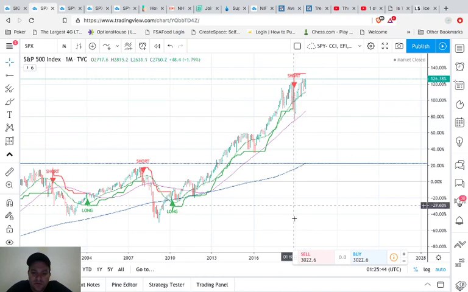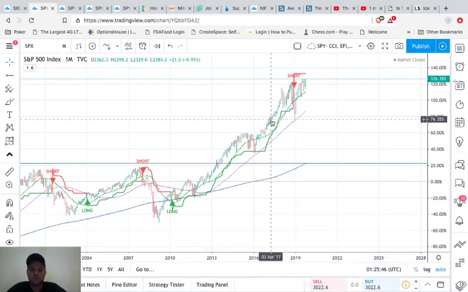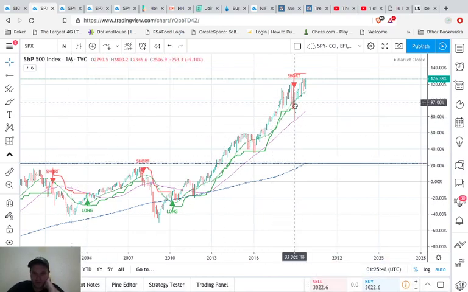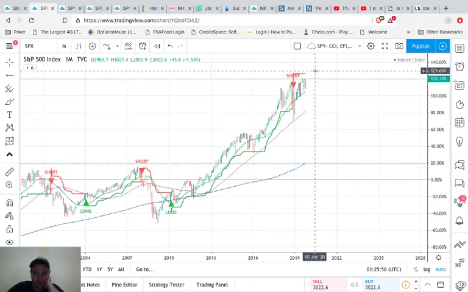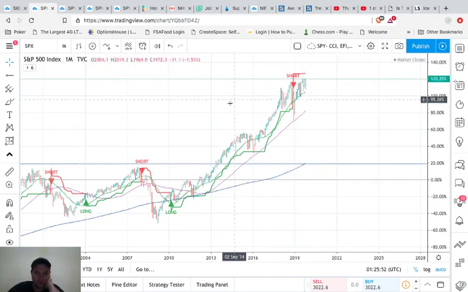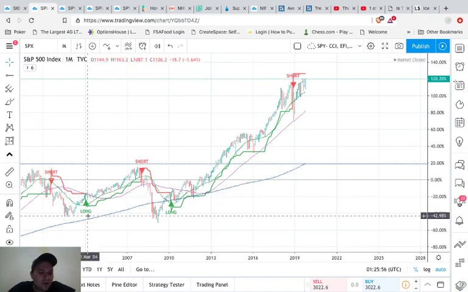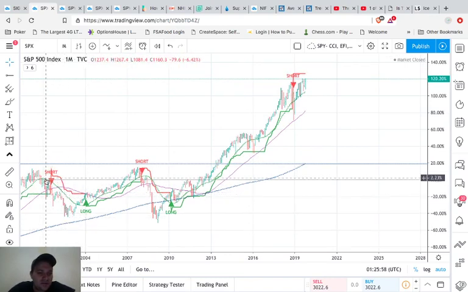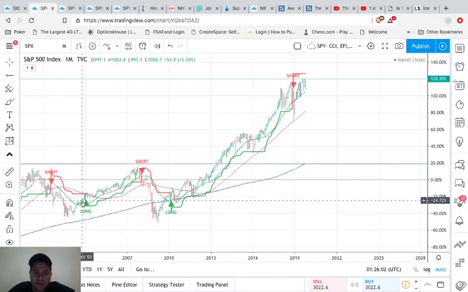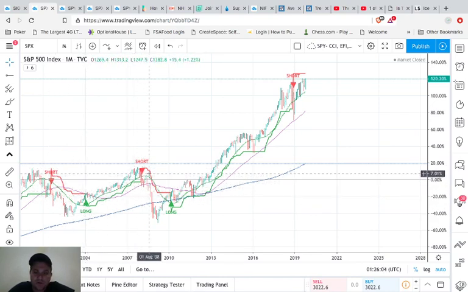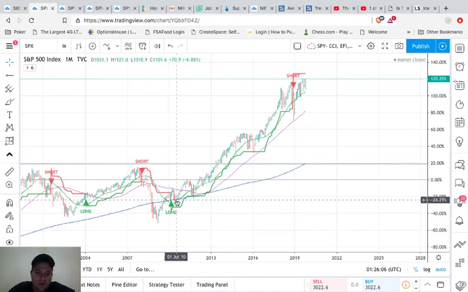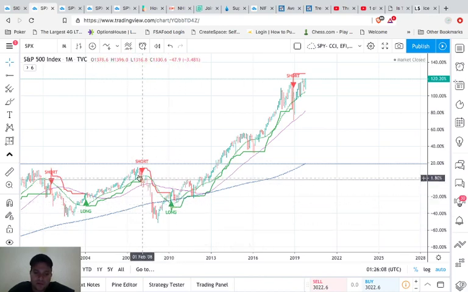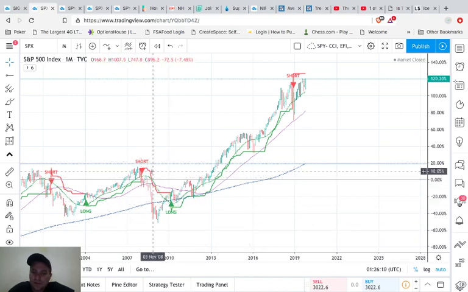This has happened. Doesn't mean it's going to hold true. It could bust through this and start a new bull market. But right here in 2001, you see how this indicated to go short, sell the market, and then pick back up, go long, go short, go long here. Obviously this was 2008.